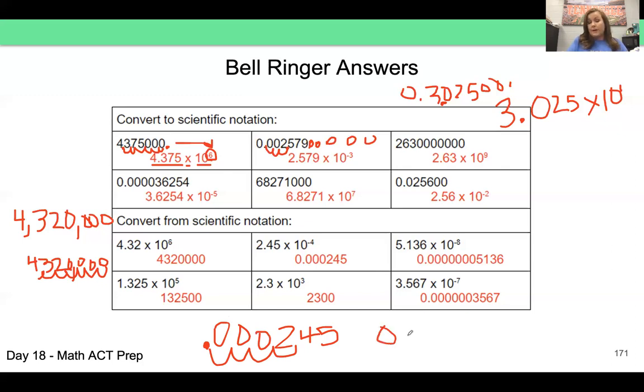And yes, if I want to make it nice for my teacher, if I'm unsure, I'm going to write it out. Oops. I'm not even writing that correctly. That should be a 4 and then a 5. Yeah, there we go. So hopefully everybody got 100 on those.